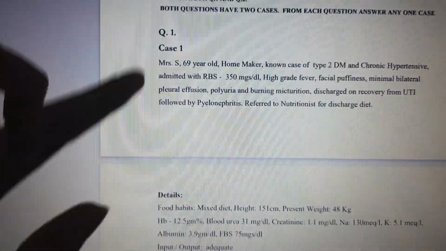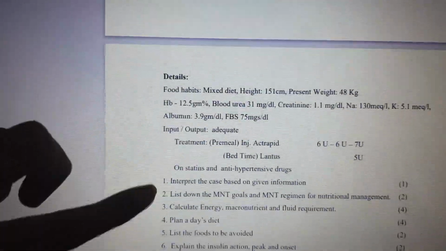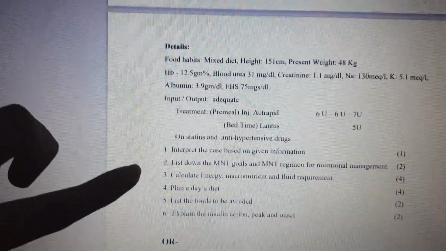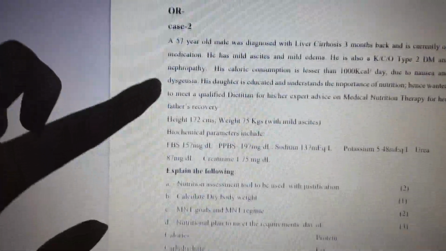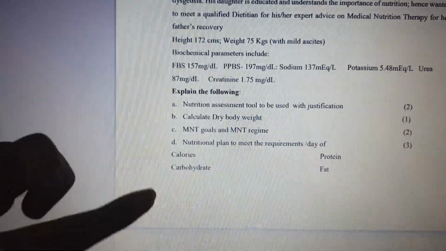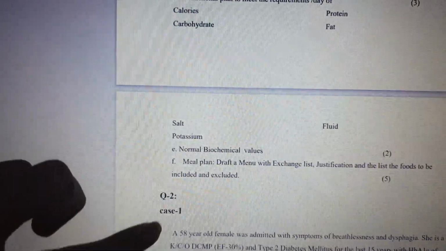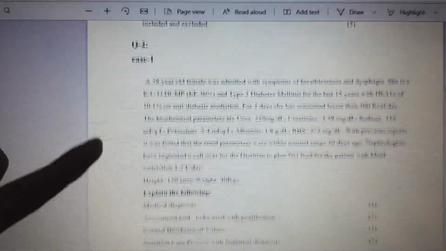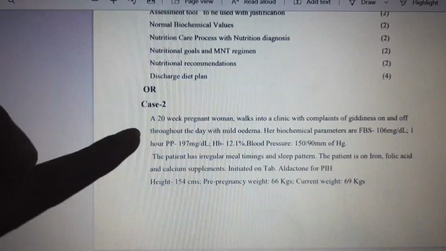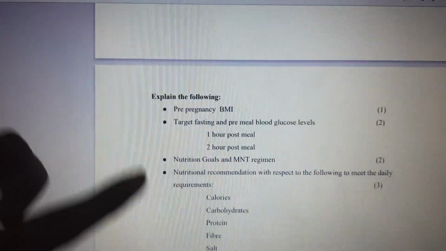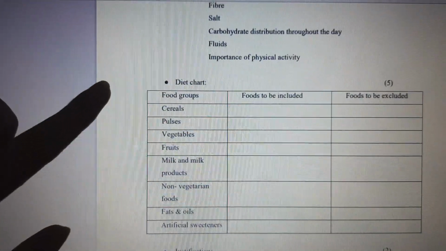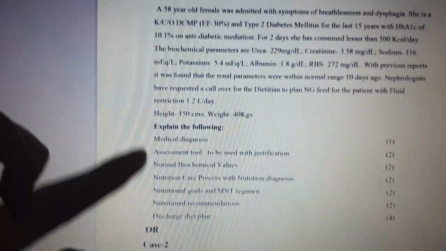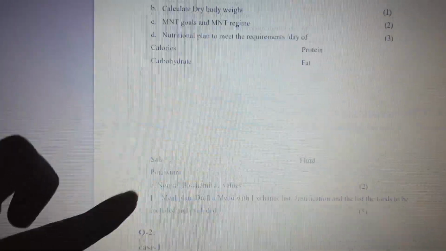So from question 1, there is a choice to either choose case 1 or case 2. And question 2, similarly, case 1 and case 2. So the candidate can choose between case 1 and case 2 from question 2 and from question 1.